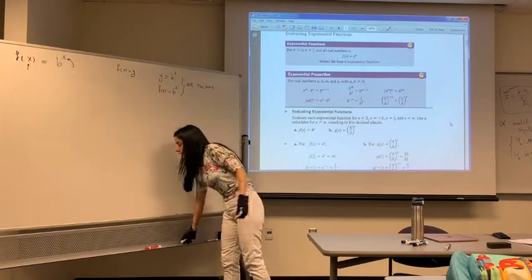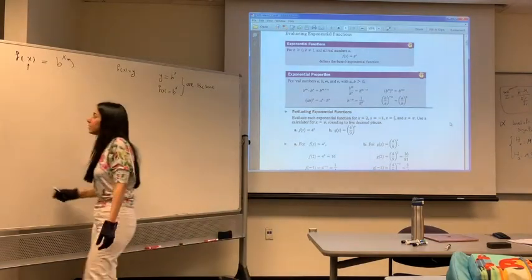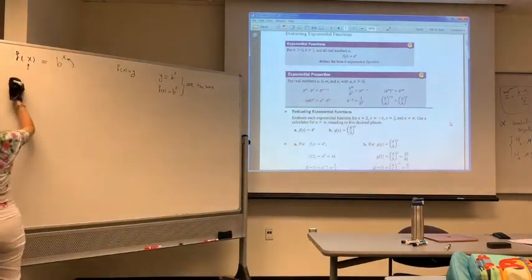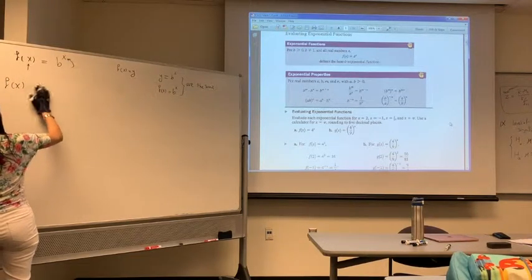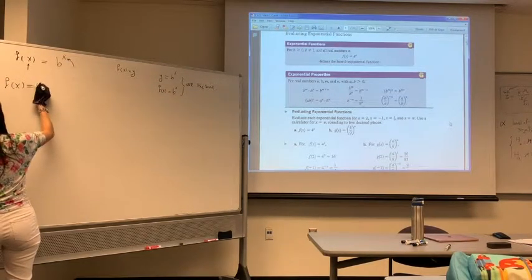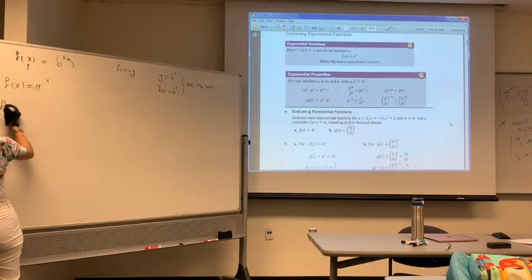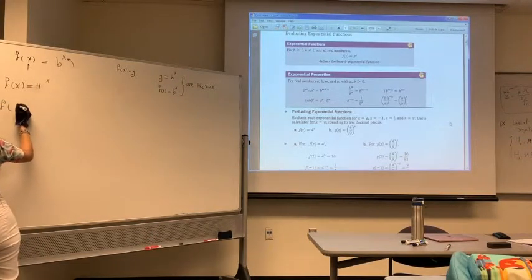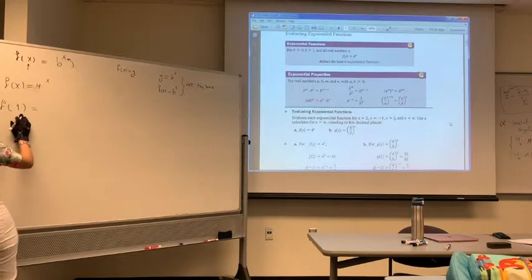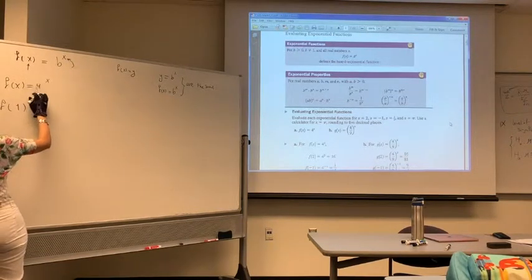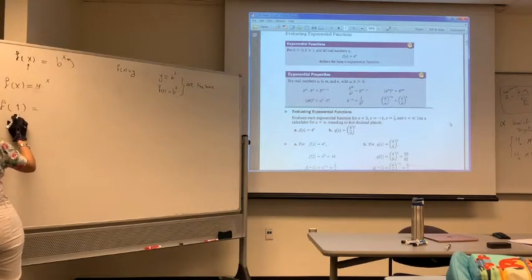As I said, you can evaluate this function at any point. For example, if your function is f of x equals 4 power x, you can find f of x at, for example, 1. Evaluate this function for x equals 1.